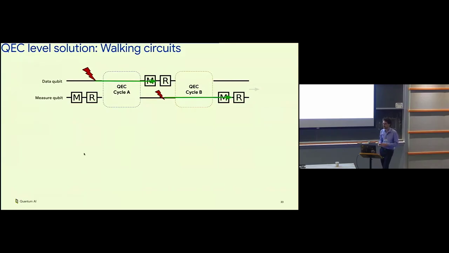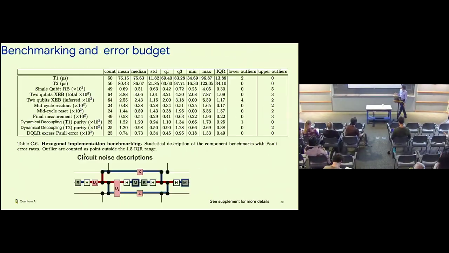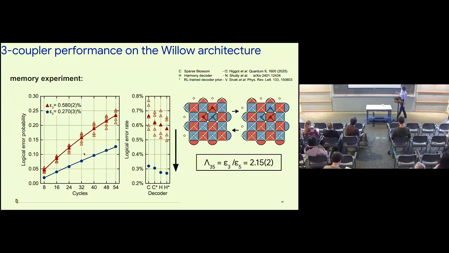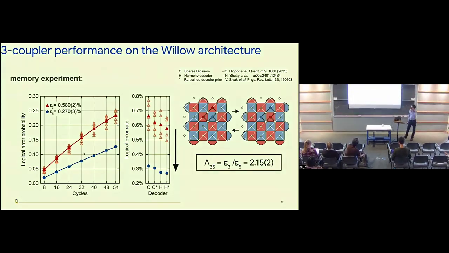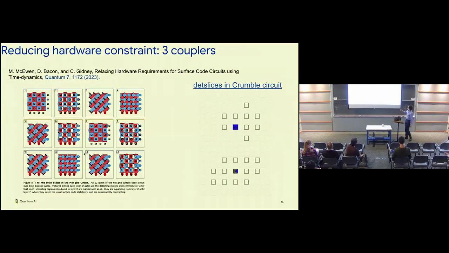Maybe I can ask one probably very basic question. With the three-coupler setting, can you show the figure again? I don't fully understand how you get the stabilizer by measuring the ancilla. I mean, it should work a certain way, but I didn't get exactly how. So there are two flavors.